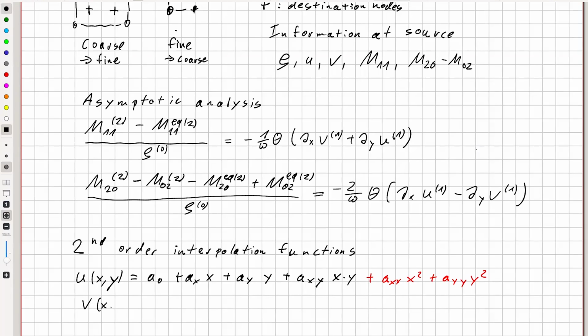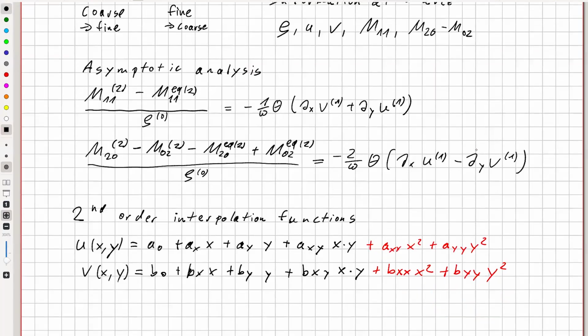Similarly for v we have b0 plus b_x x plus b_y y plus b_xy xy. And this is what we could do without any further information, but then what we actually need is b_xx x squared plus b_yy y squared.